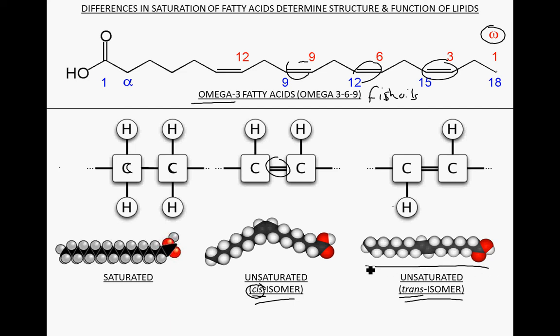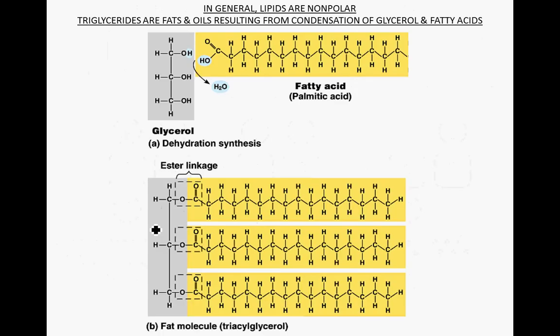Does it look like this unsaturated, or does it look like this saturated? Well, it looks like this saturated one. So it's going to behave more like saturated fats. So this is why trans fats are not necessarily all that good for you, is because they look similar to these saturated fats, and they're going to behave similarly as well. So that's what's going on there with the cis and the trans, and the unsaturated versus saturated.